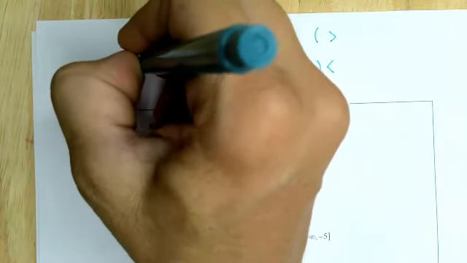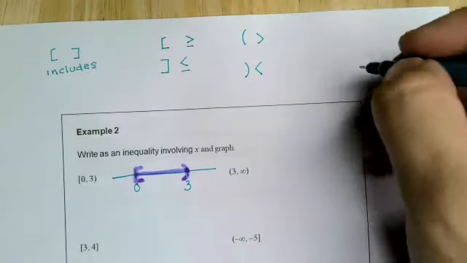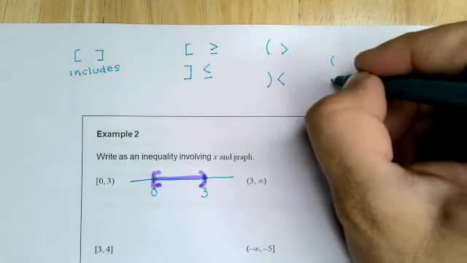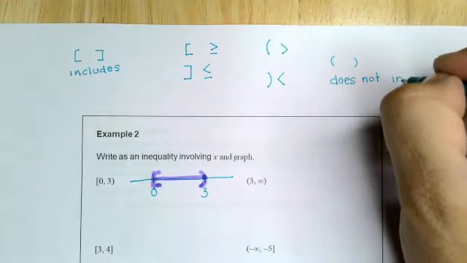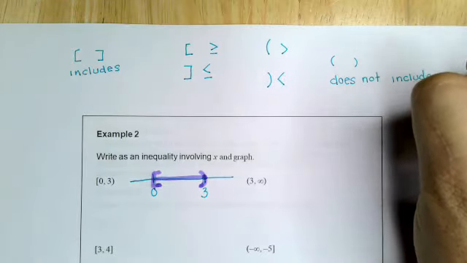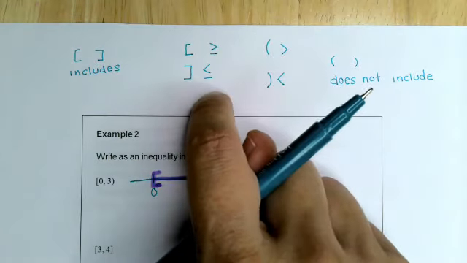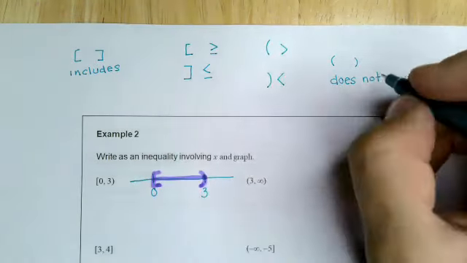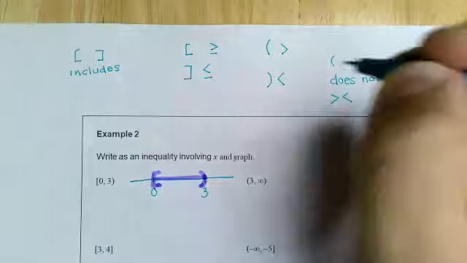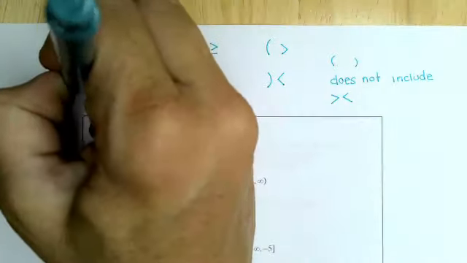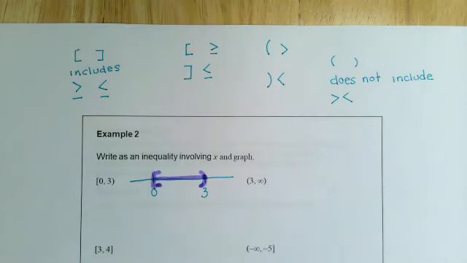Brackets include, parentheses do not include. These include the number. These do not include the number. Just so that I can remember, okay?